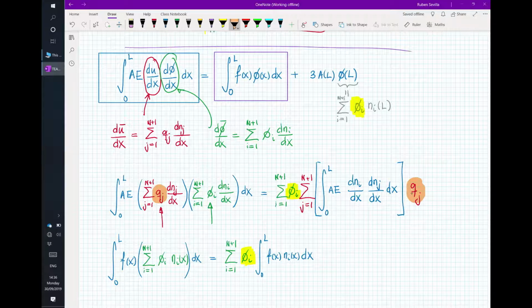What is this? The last equation that says for i equals 1, 2, 3, blah, blah, blah. What is it?